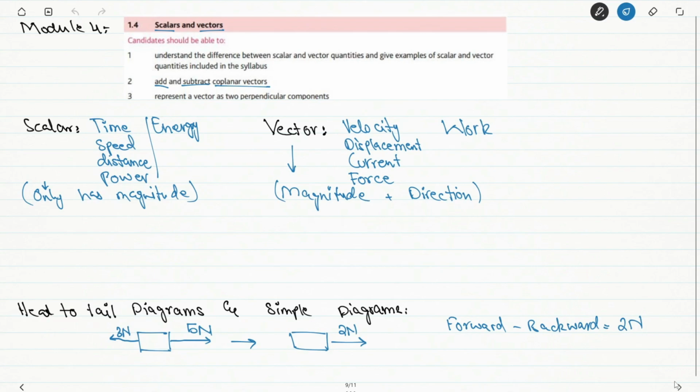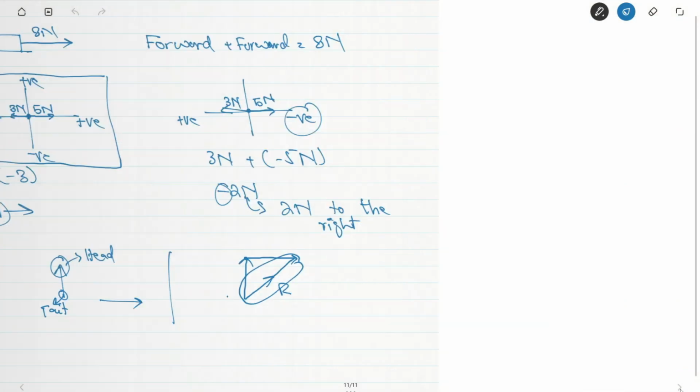Now, the last concept is representing a vector as its components.